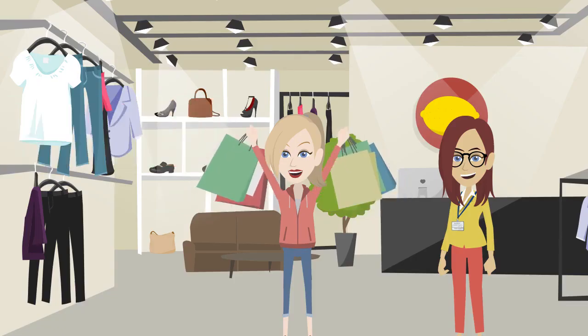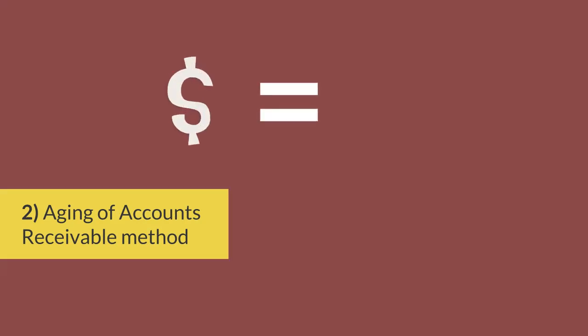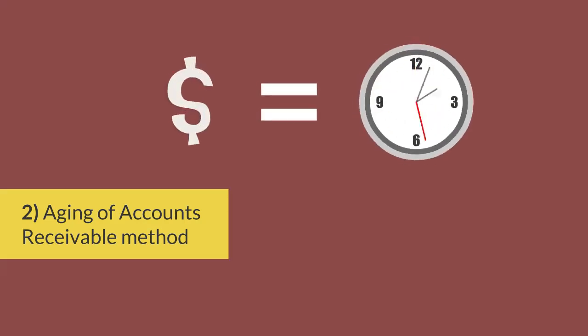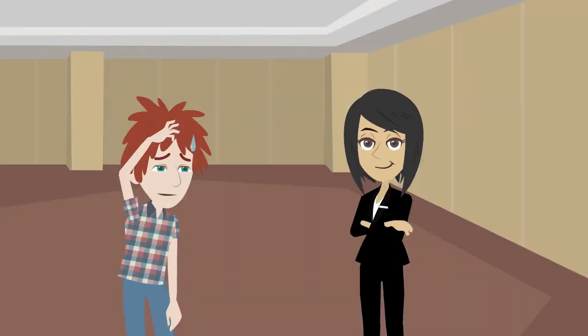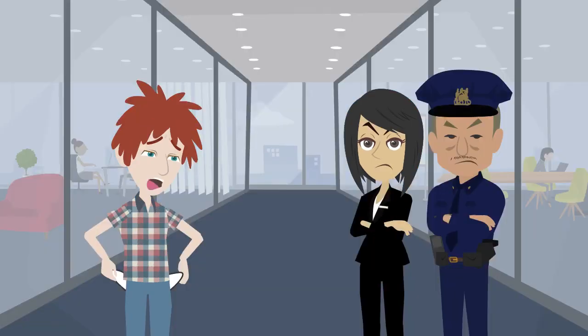The second is the aging of accounts receivable method, where we estimate bad debt expense based on how long accounts have remained unpaid. If a customer keeps on telling us that they will pay us next time every time we ask for a payment, then they're probably not going to pay.